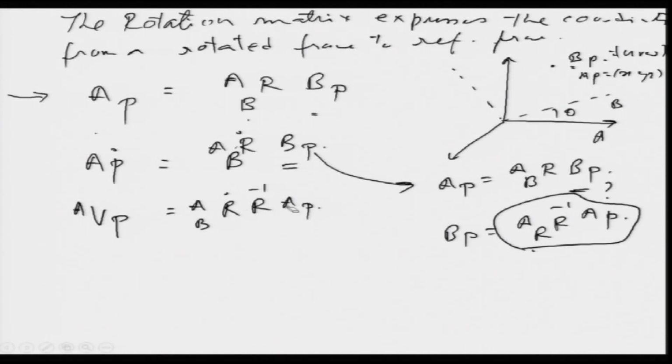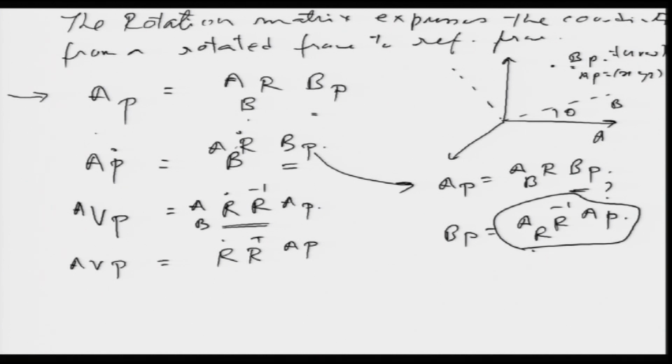So, what we get is this R dot into R inverse, which I can write as A VP is equal to R dot into R transpose into AP. I have left the subscripts of A and B, you know what it means. It means basically B with reference to A.